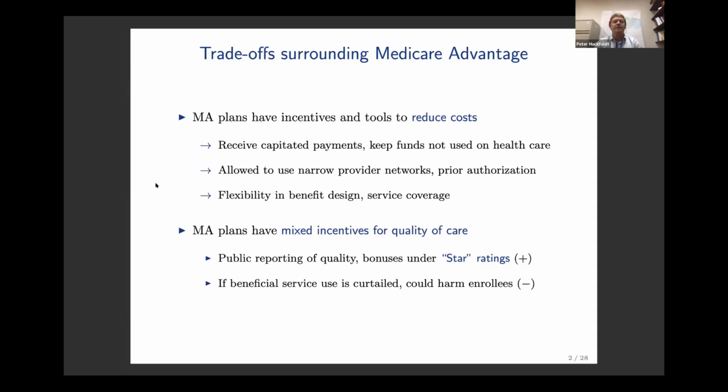But at the same time, there is this incentive to constrain costs and manage healthcare use. If the healthcare use being curtailed is just unnecessary care, then this is not a problem. But if certain types of beneficial services are curtailed, that could have negative effects on enrollees' functional or clinical status.